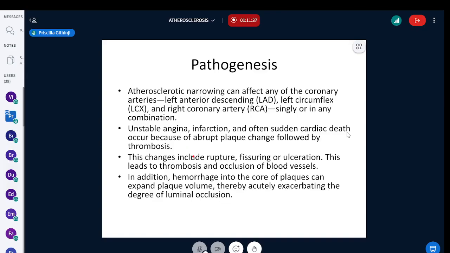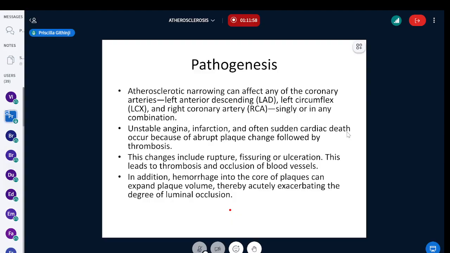So these changes, like we've said, include rupture, fissuring or ulceration that lead to thrombosis and occlusion of these blood vessels. In addition, you can have hemorrhage into the core of the plaques that can expand the plaque volume, thereby acutely exacerbating the degree of luminal occlusion.